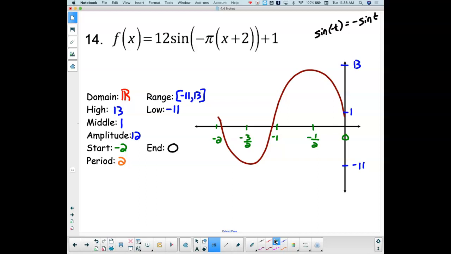If it's a negative on the d value, then no. Or a negative on the c value, then no. If it's both, it reflects still too. If it's negative a and negative b, then it doesn't change anything because they cancel each other out. But for cosine, if the b value is negative, it doesn't do anything. But if b and a were negative, then it would reflect, because the a would reflect it, but the negative b wouldn't reflect it back.